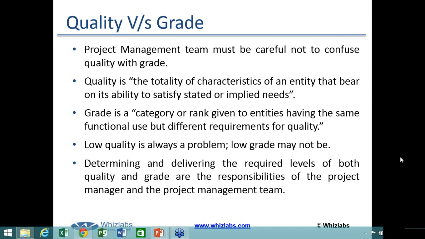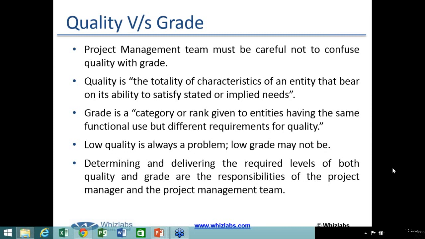Okay. Now, before we get into the detailed discussion on quality, let us understand what we actually mean by quality and how it is different from grade. This is an important discussion. A project management team must be careful not to confuse quality with grade, because both are absolutely different. Quality is the totality of the characteristics of an entity that bear on its ability to satisfy stated or implied needs.